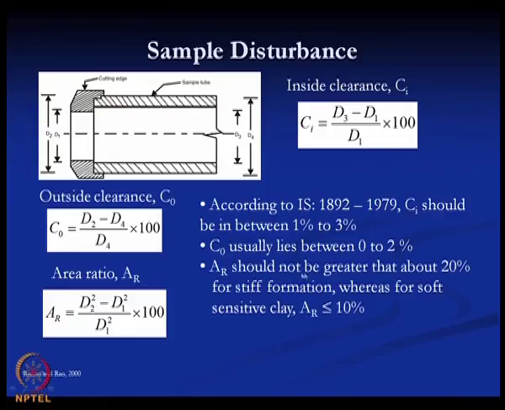The area ratio should not be greater than about 20% for stiff formations, whereas for soft sensitive clay it should be less than or equal to 10%. These are the recommendations given by the IS code.